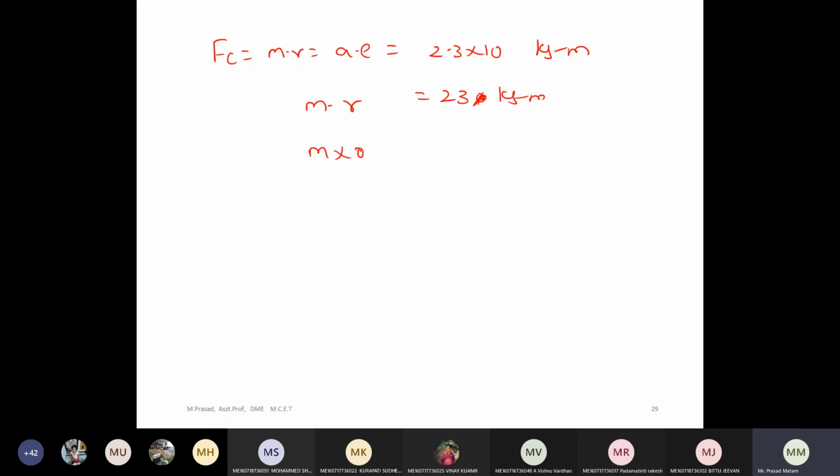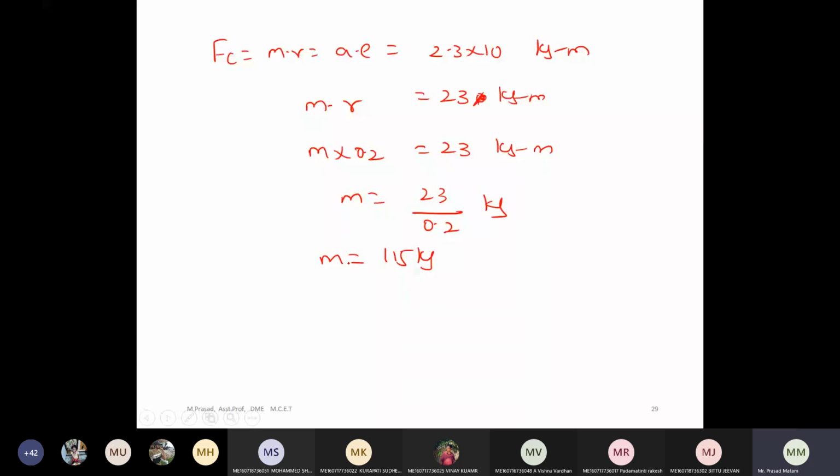M I don't know, r is 0.2, which is equal to 23 kg meter. From this, what is the mass I am getting? Can anyone give me this answer? Yes, student. Give me this answer: 23 by 0.2, 115. Okay.